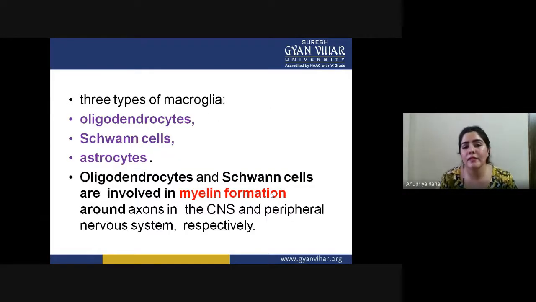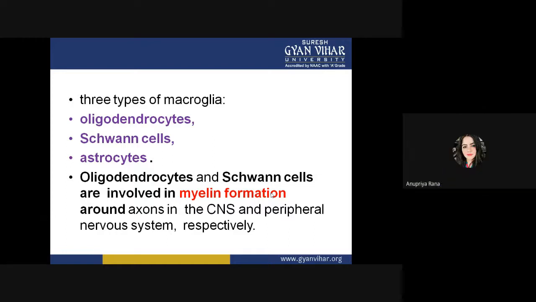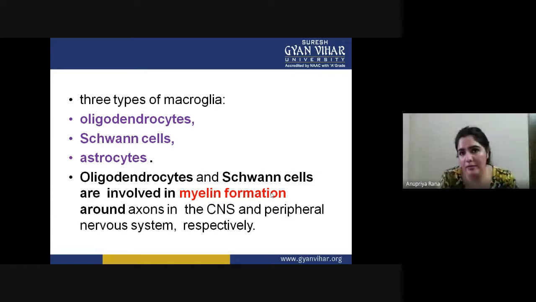Now, let's see the important types of these macroglia cells. Basically, there are three important kinds of macroglia cells. The third one is the astrocytes. We can divide them into three broad types on the basis of their location, that is, at what position and in what kind of nervous system they are present.